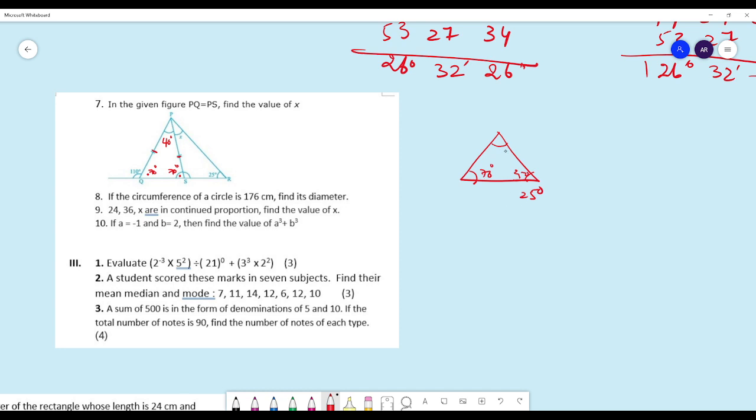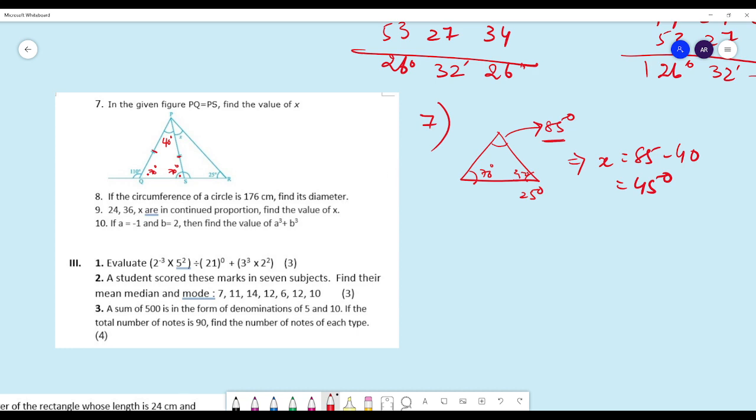So this should come to 85 degrees, right? The measure of this angle should come to 85 degrees. But here we already have half of it, which is 40 degrees. So that means X should be equal to 85 minus 40, that is equal to 45 degrees. That is how you calculate this question number 7.